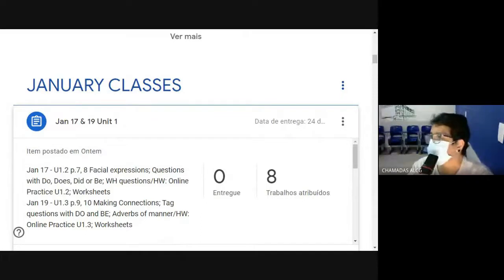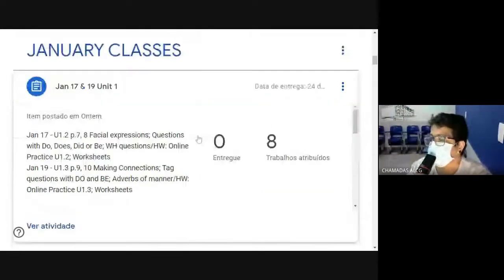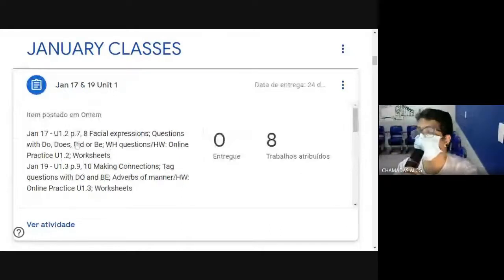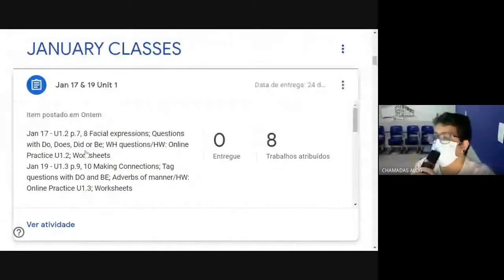So, let's see there, guys. If you have, actually, no, you don't have the book, so follow me. We are going to do page number 7. And guys, don't worry about the book now, because I can share the pages with you from the first unit, okay?